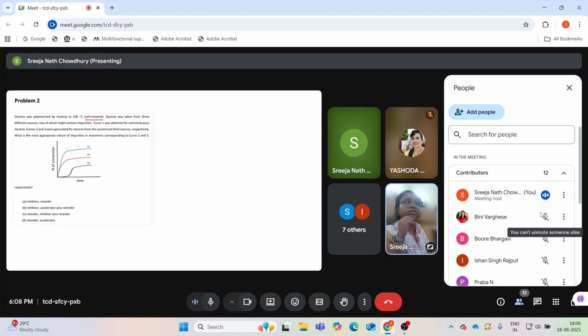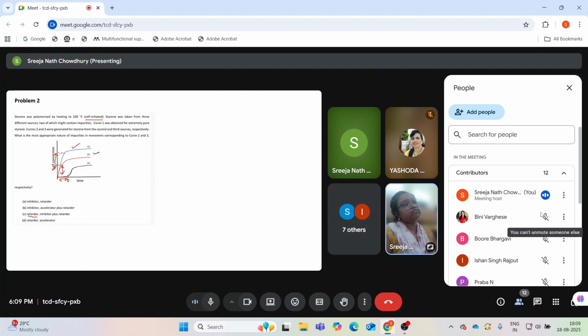and the second one, in the third curve actually, we can see that until a specific point t, there is no reaction. After that the reaction happens, but the rate of the reaction is also very slow. When no reaction happens, this means the reaction is inhibited.